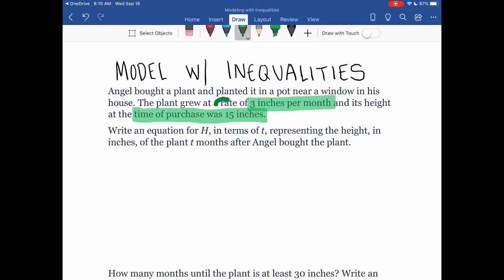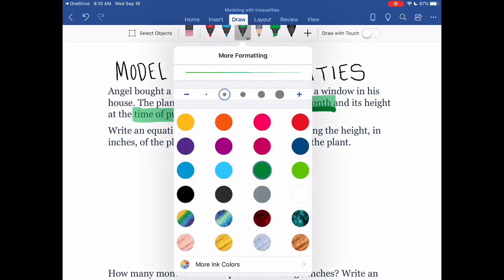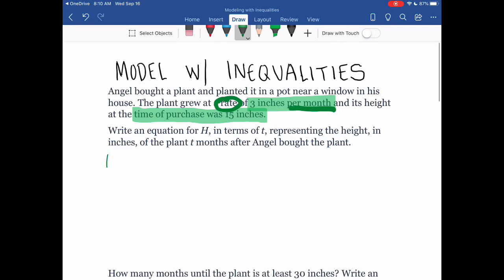So the word rate right here and the word per month clues me in that we might be dealing with our average rate of change. Because on average, the height of the plant is changing by 3 inches every month.